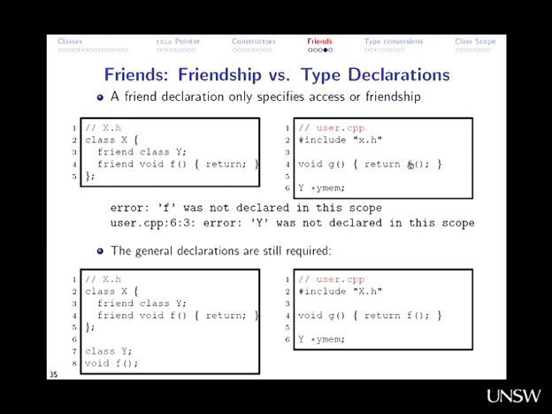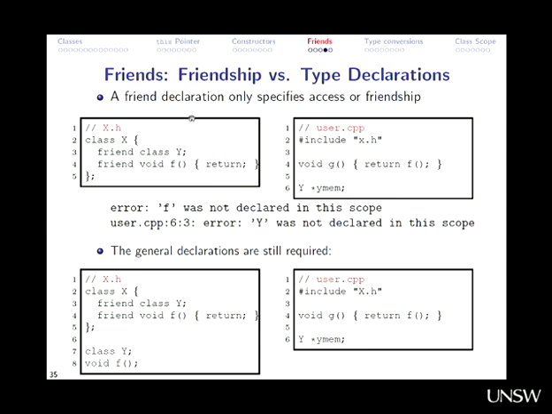But actually, it doesn't work because f is not declared in scope. And also y is not declared in scope. So this .h file here, class y, even though it's declared as a friend, class y was actually never declared or defined anywhere. F wasn't declared inside the scope. So we still need to have those class and function declarations down there, and then it works fine. So that's the point I'm trying to make.